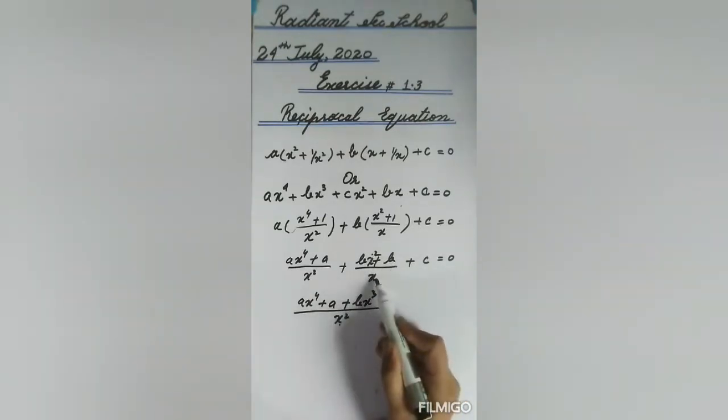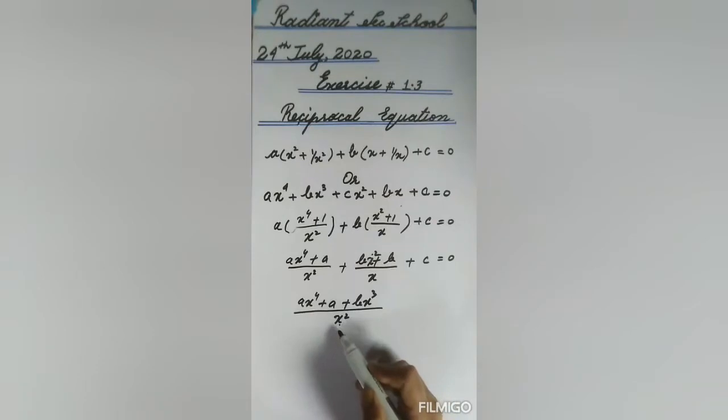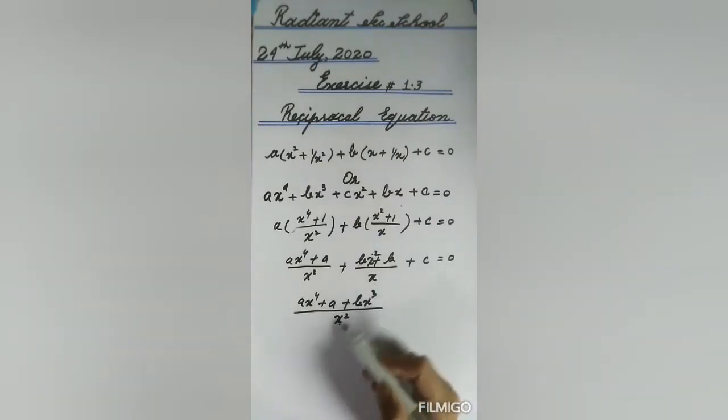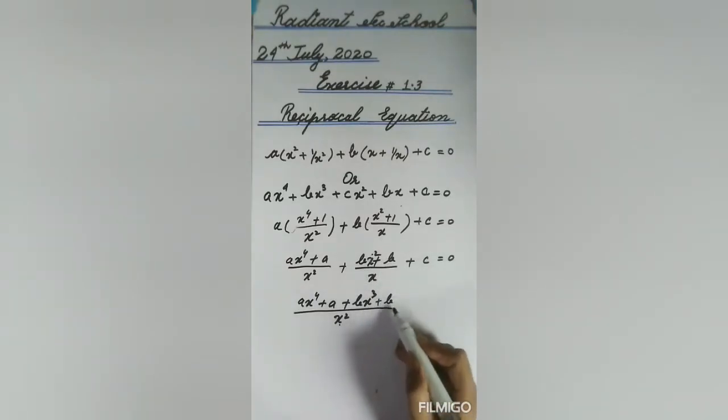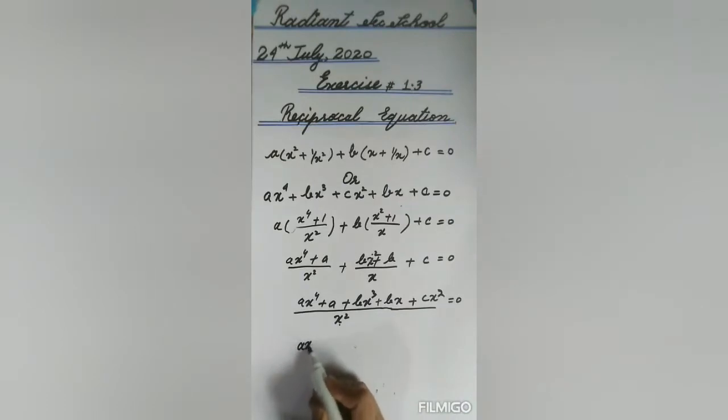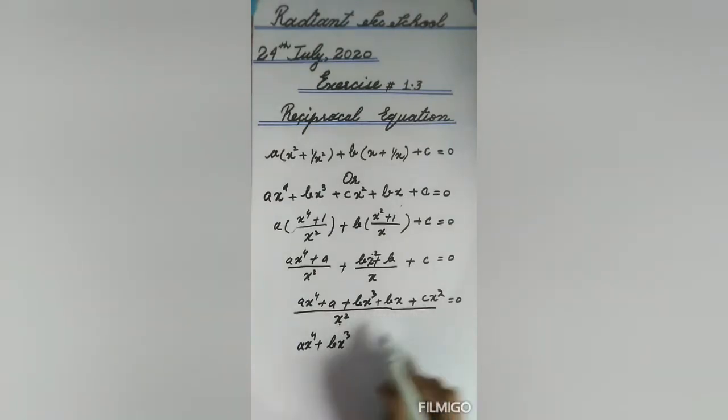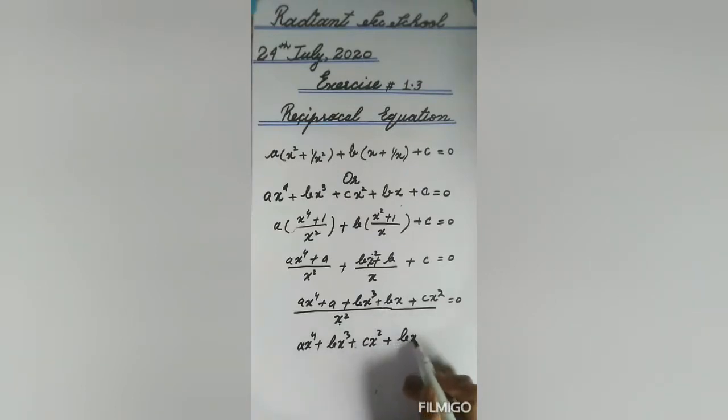Here x will be left, when x square is divided by x, and x will be multiplied by b, then it will leave bx, plus cx square equals 0. Now x square multiplied with 0 gives 0, and we will arrange this equation as ax4 plus bx cube plus cx square plus bx plus a equals 0.